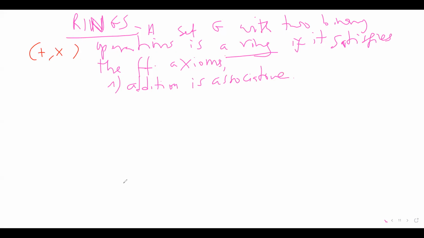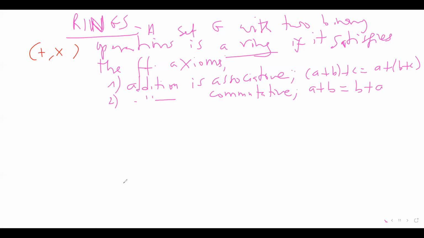It means nothing but (A plus B) plus C is equal to A plus (B plus C), okay, for all A, B, C. Two, we say addition is commutative, and it means that A plus B is equal to B plus A.